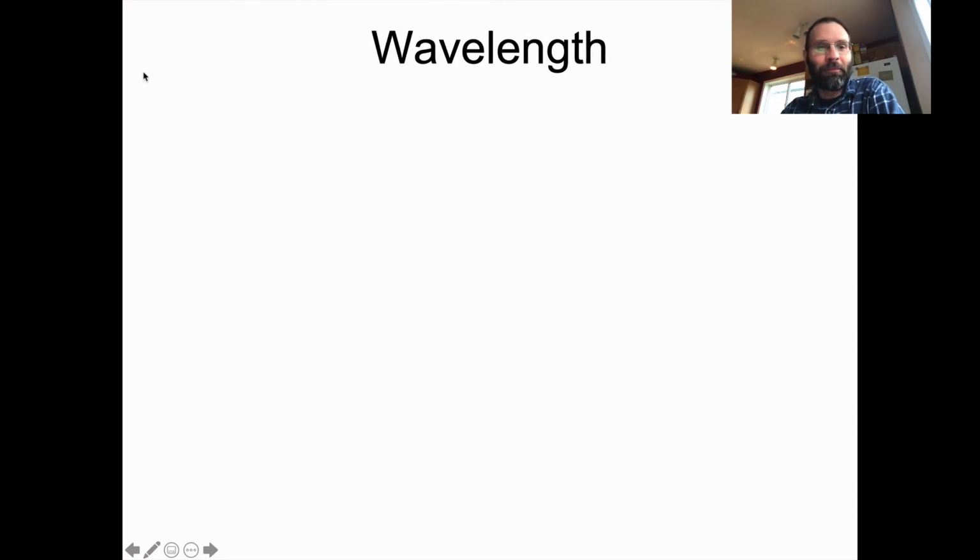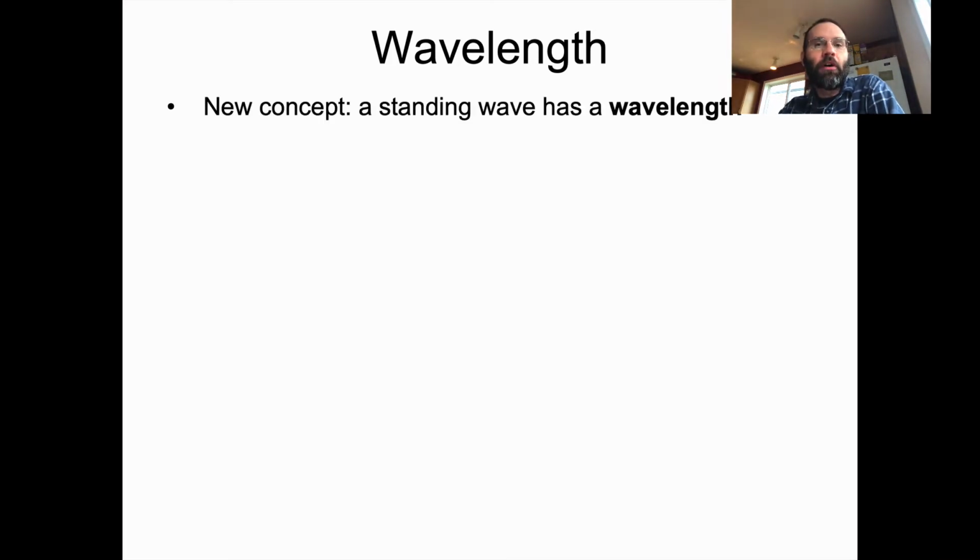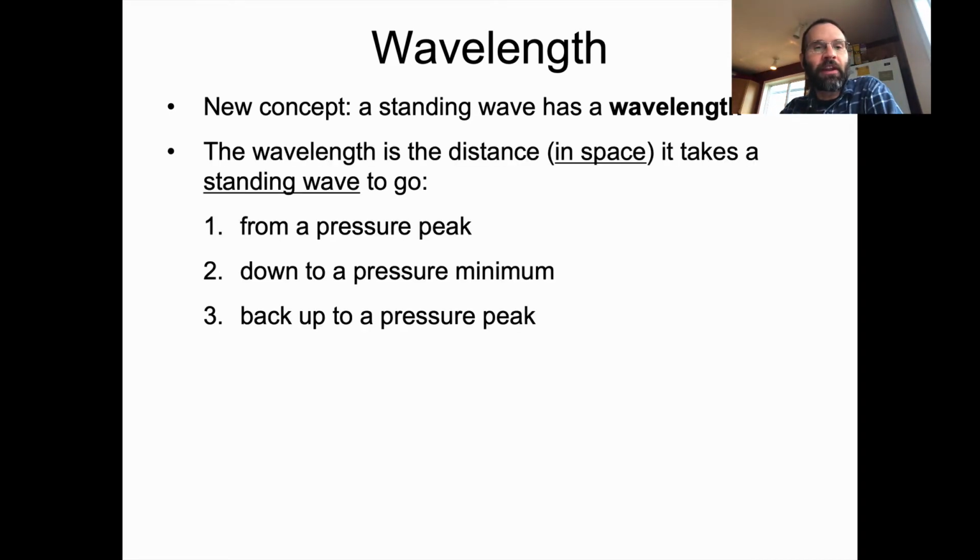So let's start out by introducing a new concept called wavelength. A standing wave has a wavelength, and to understand it is going to require you to think in terms of sine waves again, or something that looks like sine waves. The standing waves look like sine waves, but instead of thinking in time, how pressure changes over time, we're going to look at how pressure changes in space.